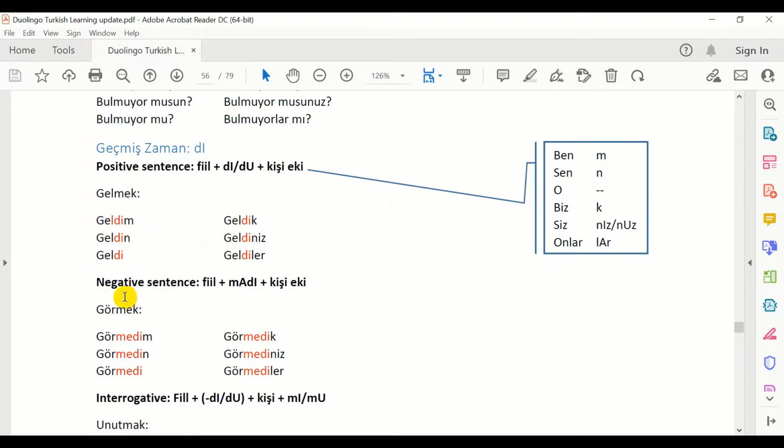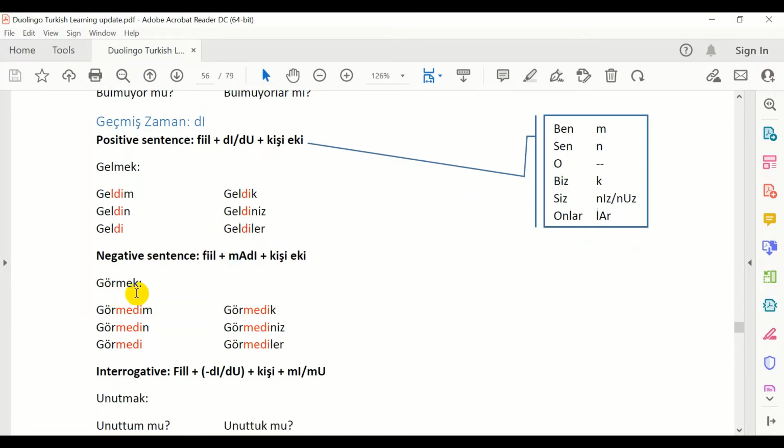Now see the negative sentence structure. With the negative sentence, it's also easy. Only and only you need to add the suffix ma after the verb, before the Geçmiş Zaman suffix, and then the personal suffix.